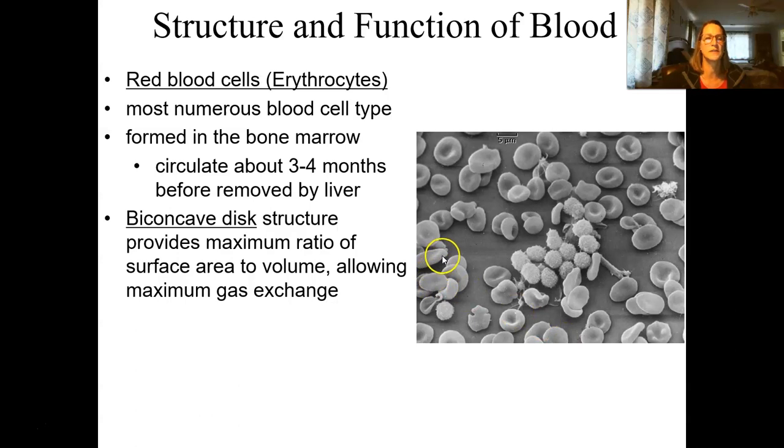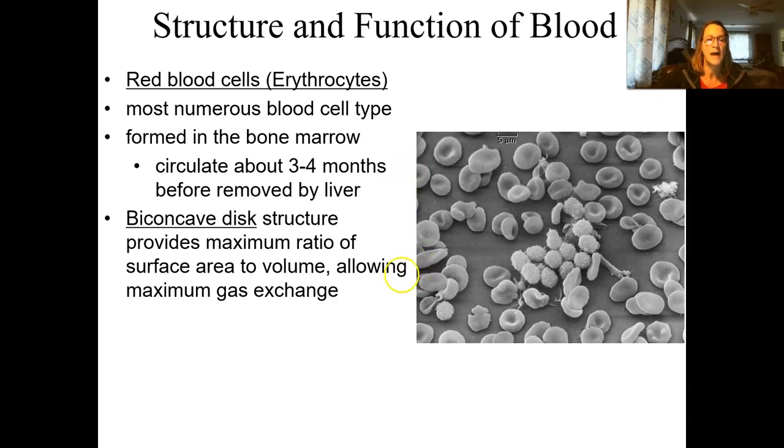Now we're going to talk specifically about the red blood cells, or the erythrocytes. They are the most numerous type of blood cell in the blood. They are formed in the bone marrow, and a single red blood cell can circulate for up to 4 months in your vessels before they are basically recycled, removed by the liver.